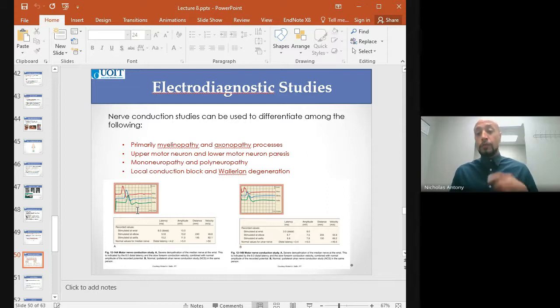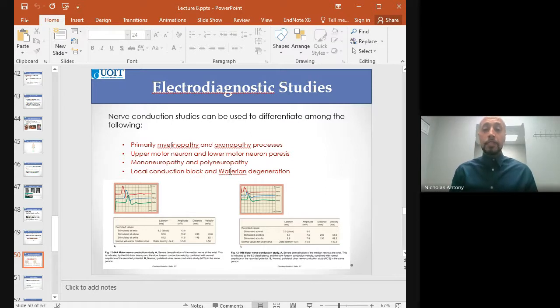Right. So then if you get a nerve conduction test and it shows that the speed of the signal is slower, what they'll do is there is a chart of how fast the nerve should be. If the nerve is slower, there is a myelinopathy happening.